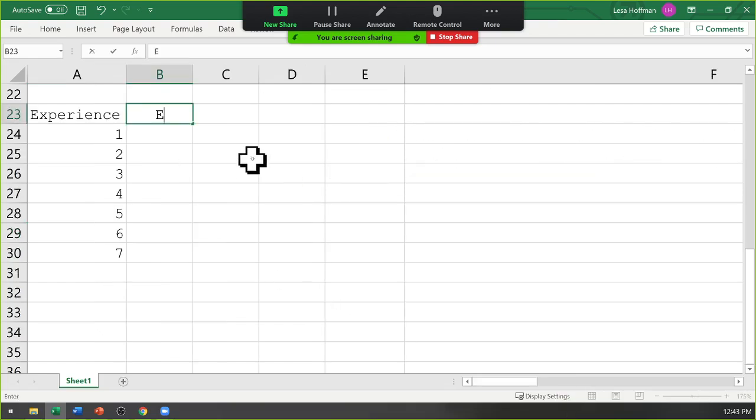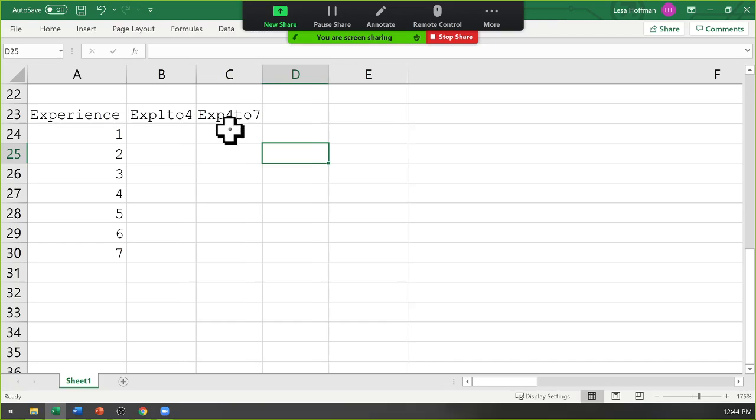I am naming my first slope experience 1 to 4, and the second slope is going to be experience 4 to 7. Those are the two new columns that I need to be able to divide up the effect of this variable into two piecewise linear slopes.